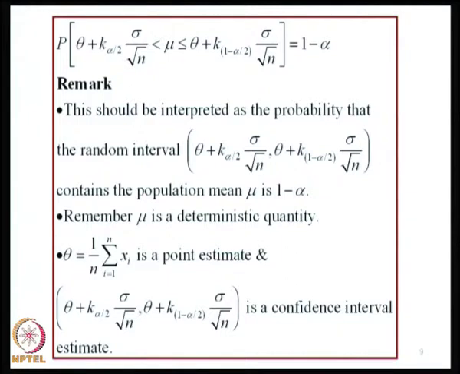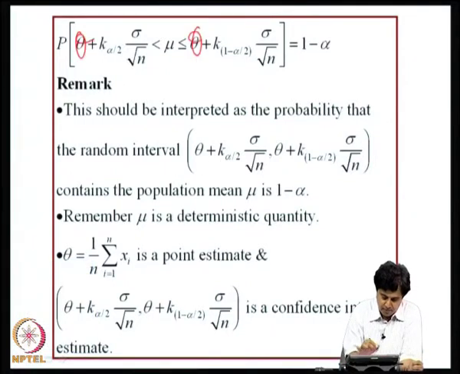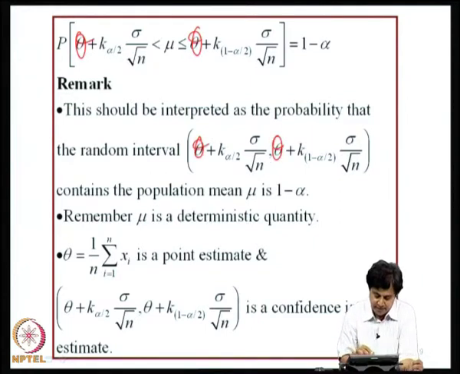So, we can make some remarks now. This statement that mu lies between these two numbers should be interpreted as the probability that the random interval theta plus k alpha by 2 sigma by square root n and theta plus k 1 minus alpha by 2 sigma by square root n contains the population mu. That probability is 1 minus alpha.